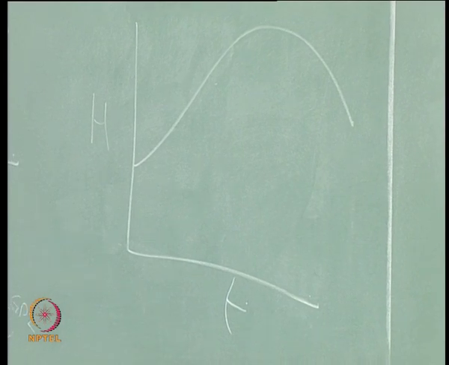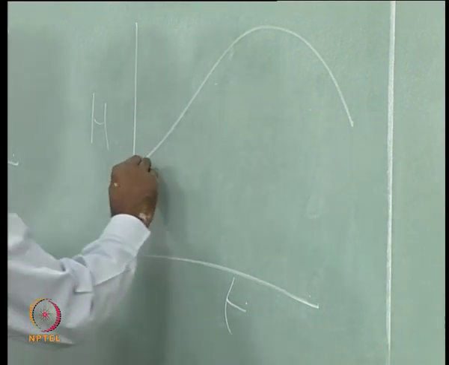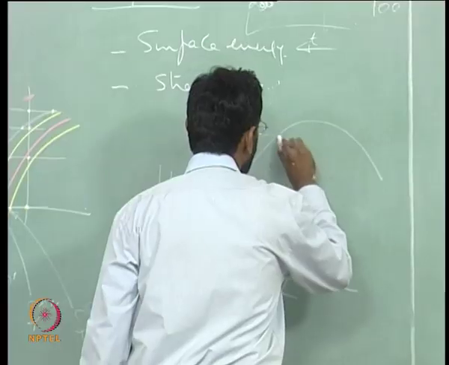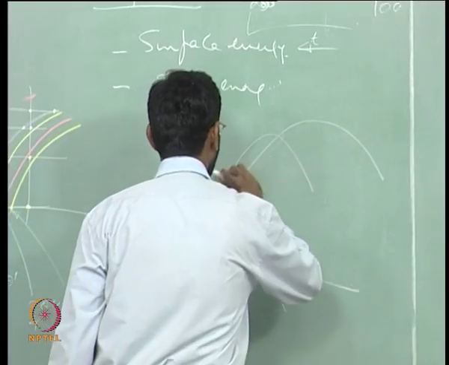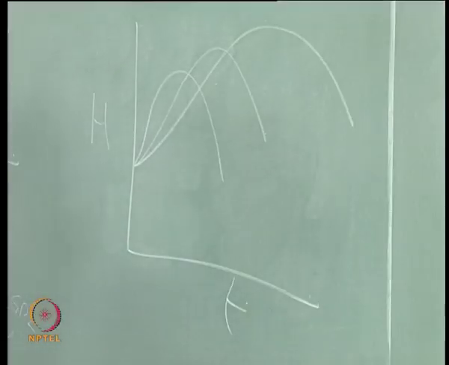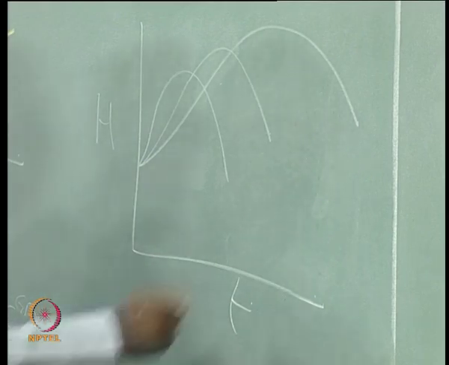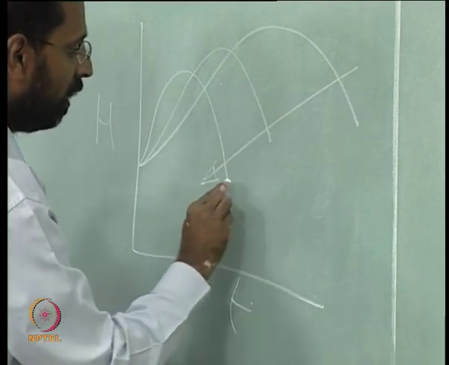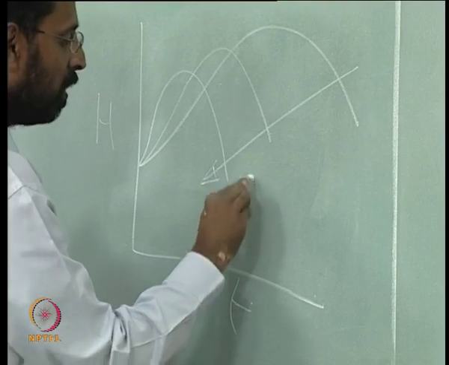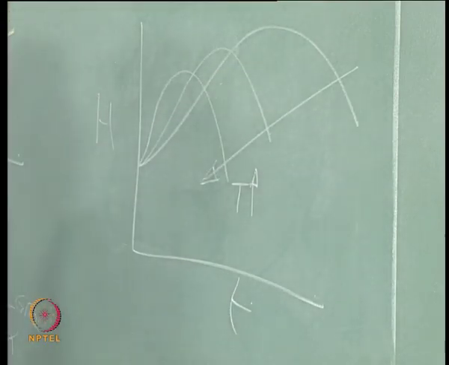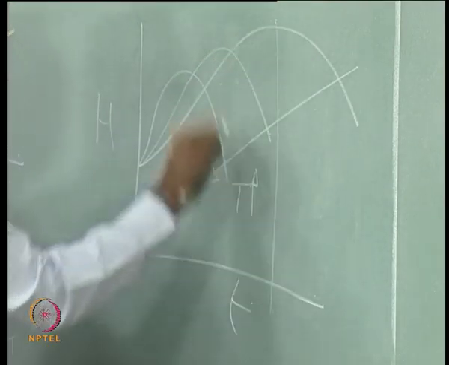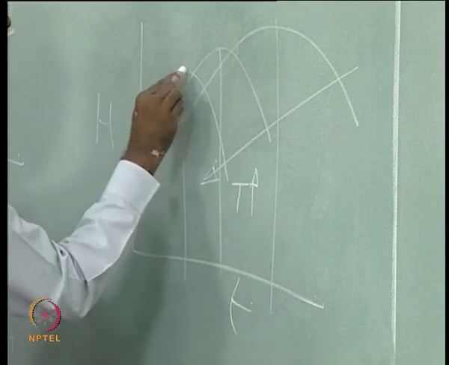Peak hardness comes down. That is very interesting. So if you look at this, this is the kind of scenario you find. As the temperature increases in this direction, the peak time comes down and the peak hardness comes down.